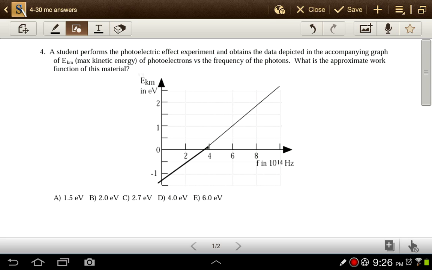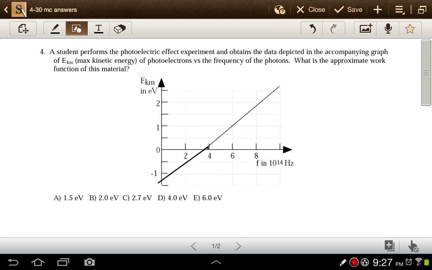If we go all the way back here and the light that we shine has zero frequency, which just means we don't shine any light at all on this, we get to this position a little less than negative 1, and the one that's closest to that is negative 1.5 electron volts. My drawing doesn't quite show that, but close anyway. Negative 1.5 electron volts, that's how much energy we would need to give this if we didn't shine any light on it yet.